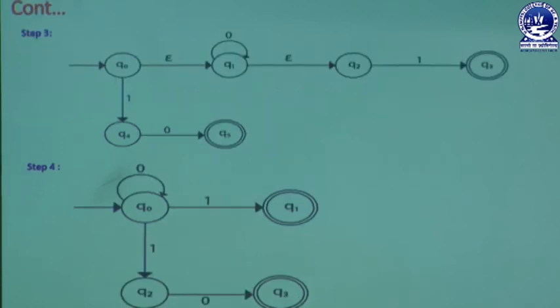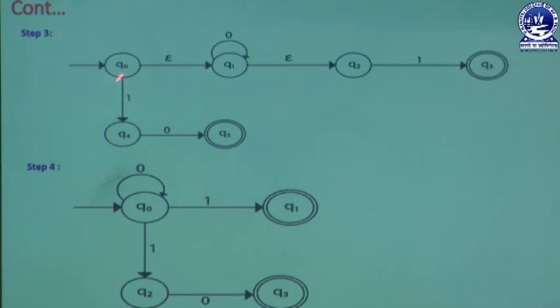In step 3 we get this diagram: Q0 is also re-expanded, so Q0 takes epsilon, the empty string. Then we get Q1 with 0, then again Q1 also takes the empty string epsilon, then Q2, and Q2 taking 1 gives Q3.